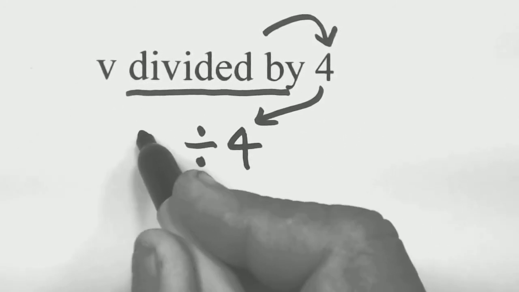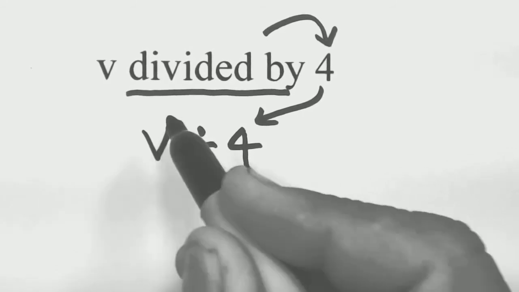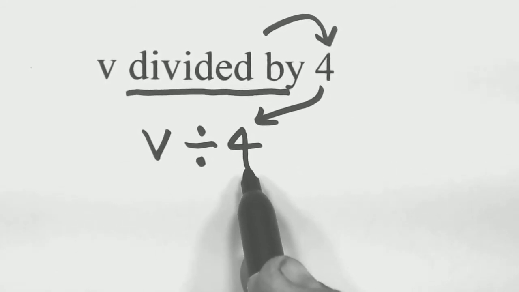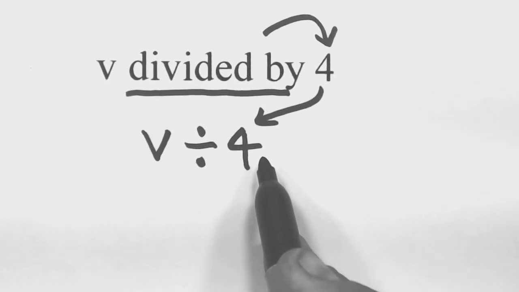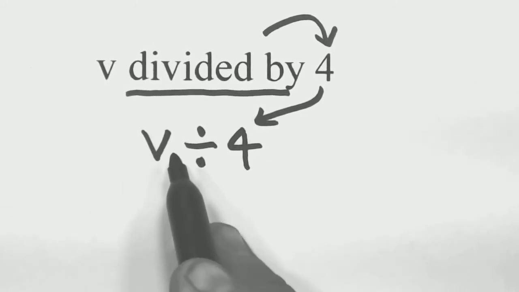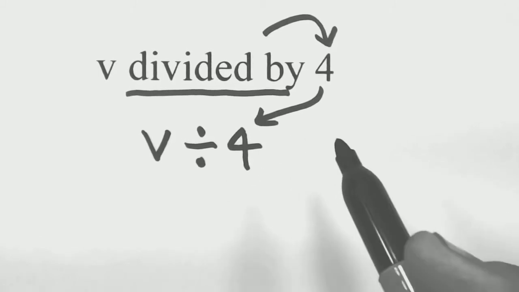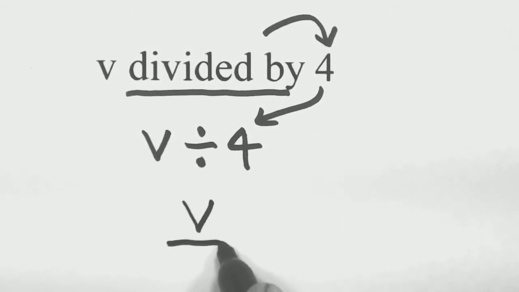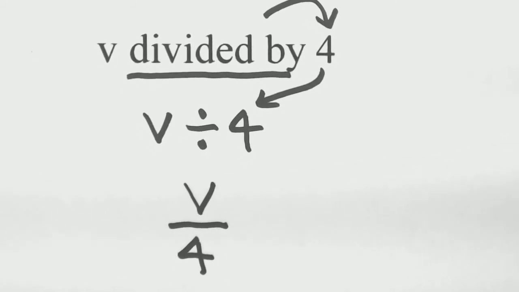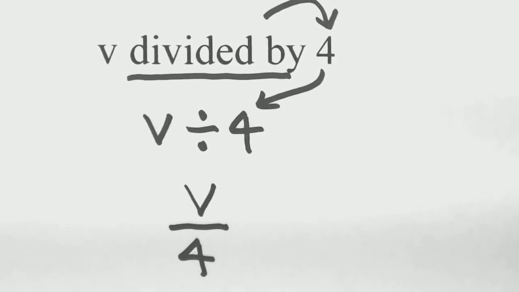And the V then is what we started out with. So here it is, V divided by 4. Now, of course, one of the things we know about division problems is we can write them as fractions, and we'll do that more and more in the algebra as we go on. V divided by 4 can also be written as V over 4. This is V divided by 4. So both of these methods are telling us the same thing.